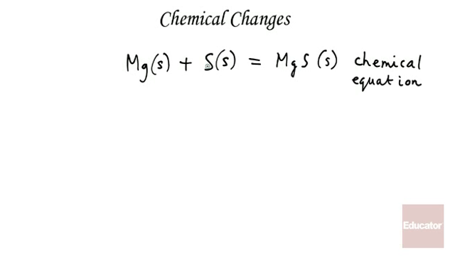I have to do quite a bit of chemistry to get the Mg and the S back from MgS, and in the process I'm also going to be doing some other chemistry which is also not easily reversible. Let me illustrate this and show you what I mean. We take our MgS and we heat it in oxygen.